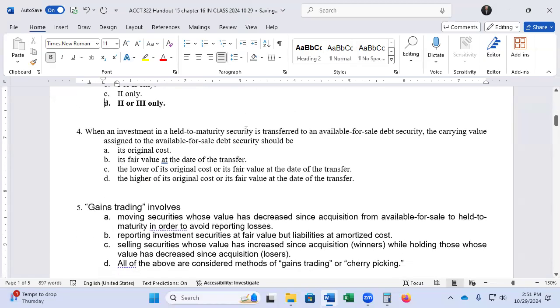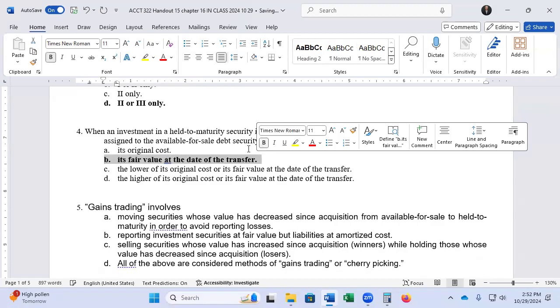When an investment in a held to maturity security is transferred to an available for sale debt security, the carrying value assigned to the available for sale debt security should be, it's not its original cost, but its fair value at the date of transfer. So remember, historical costs are for things that we're not holding out on our balance sheet to sell.